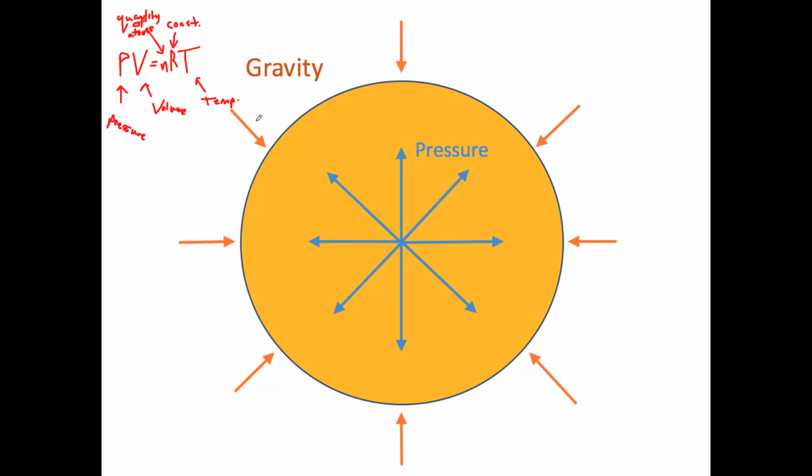As that contraction happens, the inward pressure from gravity causes the temperature of the core to rise. But as the temperature of the core rises, it causes it to expand. And when things expand, they start to cool down, right?